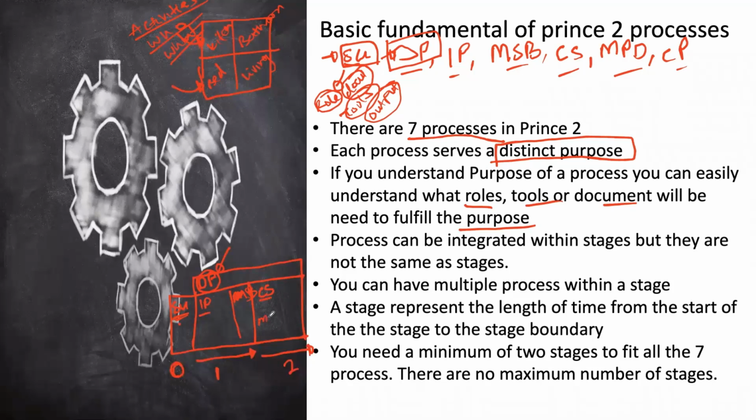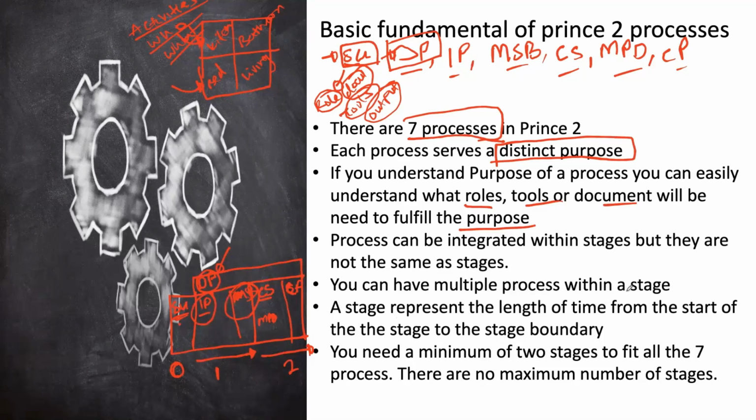We have managing product delivery, that's another process within a stage. And finally, we have closing a project process, our CP. So when we count it, we can now see that all the 7 processes that we have initially are now filled within 2 stages. It's important to understand that processes are activities that operate within a stage, but they are not stages themselves.